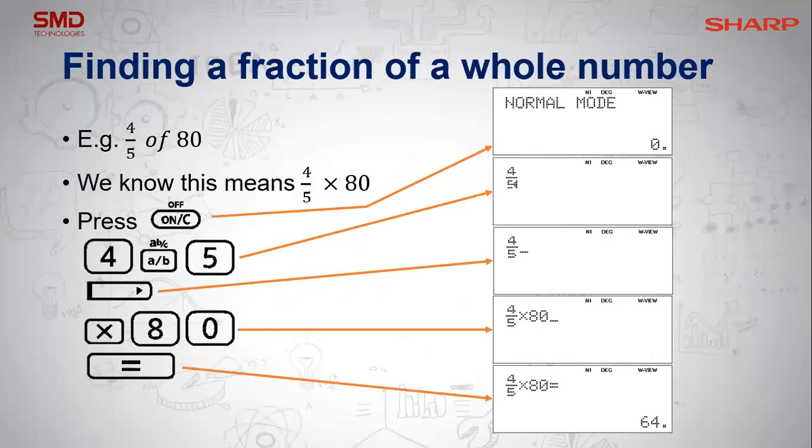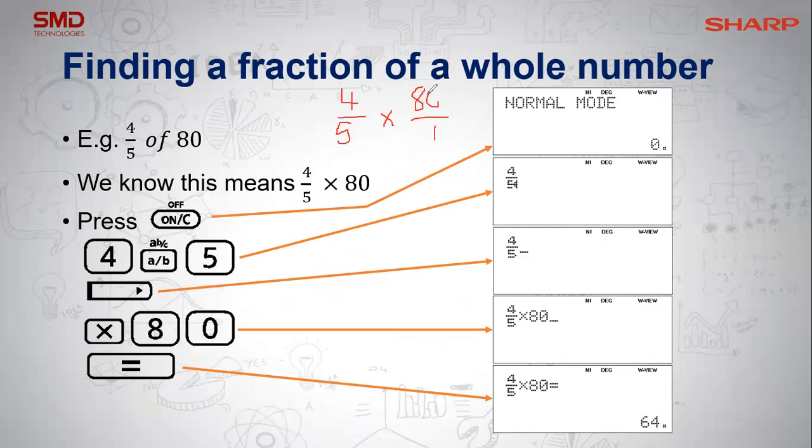All right, great. Then the next thing is we need to be able to find a fraction of a whole number. Now, we would do this without the calculator as so. So we'd say 4/5 times, and then we put the 80 over 1. And we look for common factors.